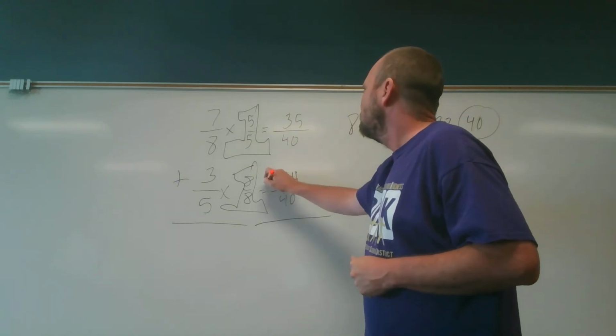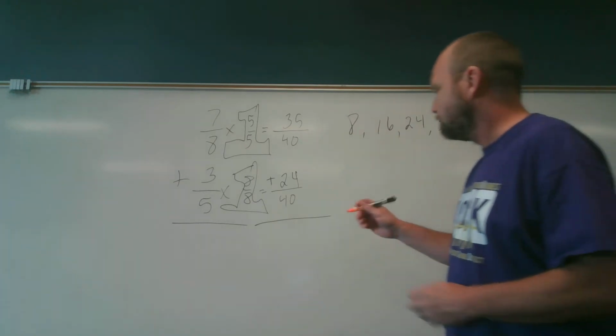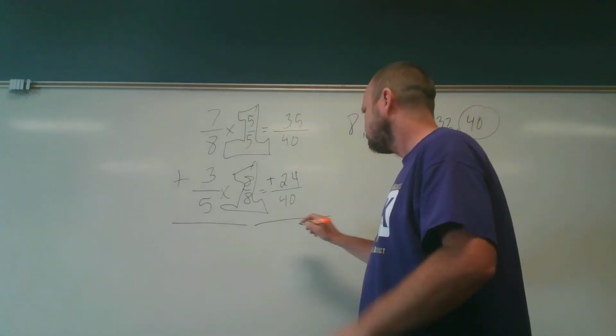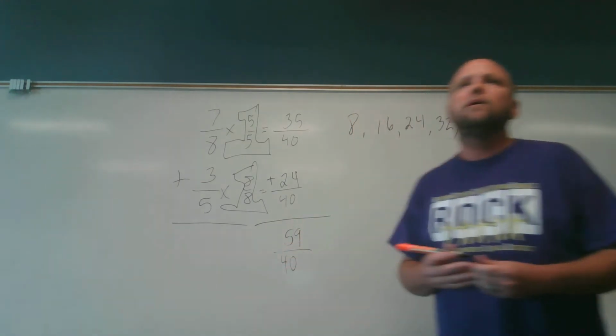So now I have 35/40ths plus 24/40ths, which equals what, Paul? 59/40ths. And what's wrong with that, Paul? It's not a mixed number. It's an improper fraction.